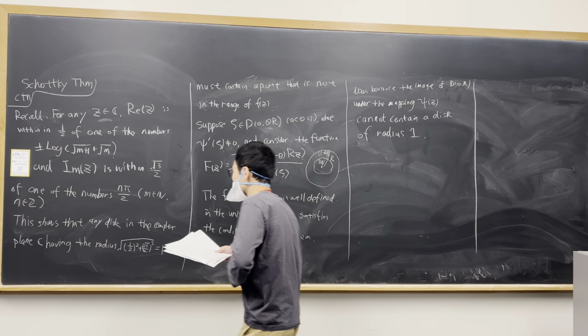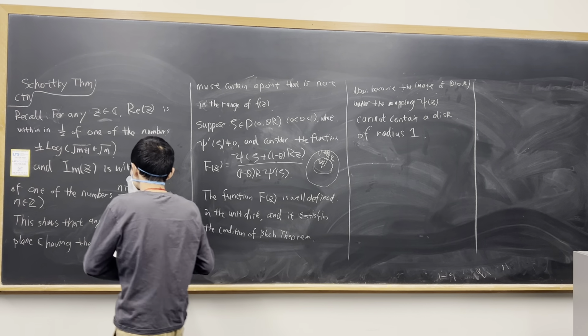Okay, let's see why not contain a disk of radius 1. So the thing is that, say you have a disk of radius 1, right?